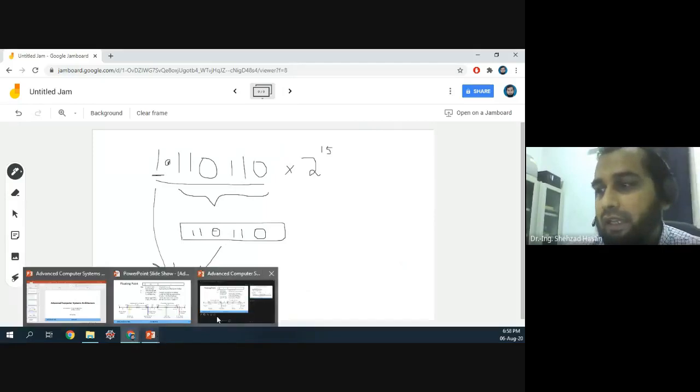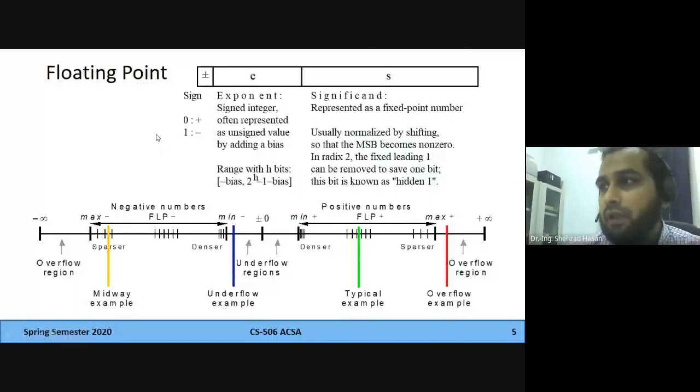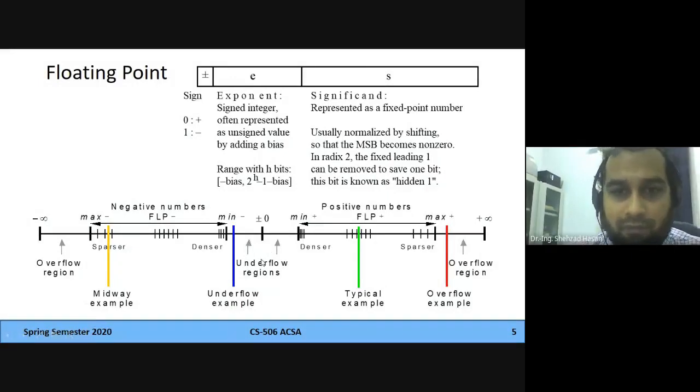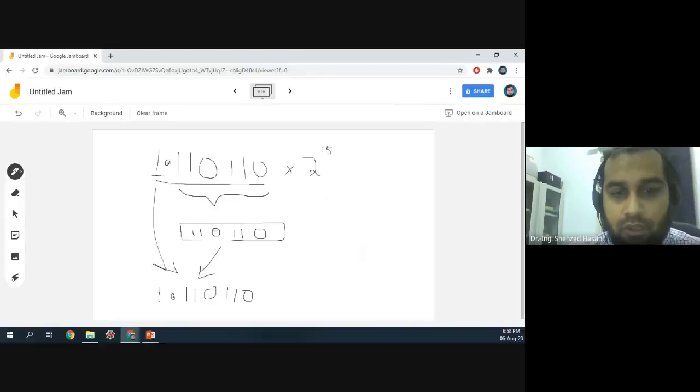Any questions here? Okay, so if you go with this scheme, that there is always going to be a 1, then this means that there is a problem. What is the problem with this scheme?